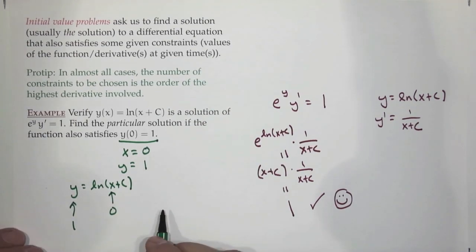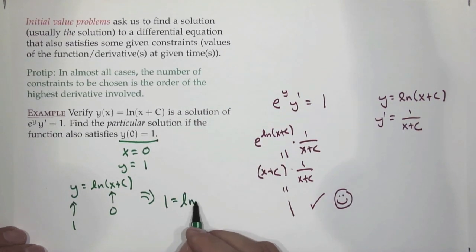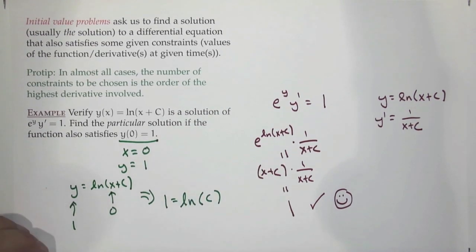So we get then that, for our choice for c, we need 1 equals the natural log of c. Well, which number, when you take the natural log of it, gives you 1? Some people are saying 0. Some people are saying 1. Some people are using the alphabet.